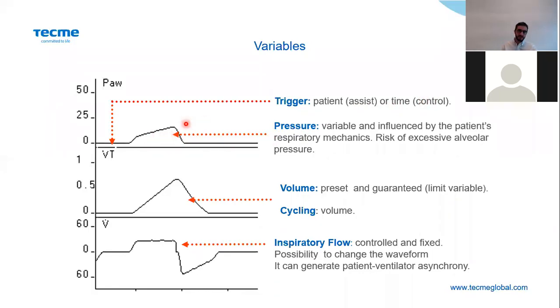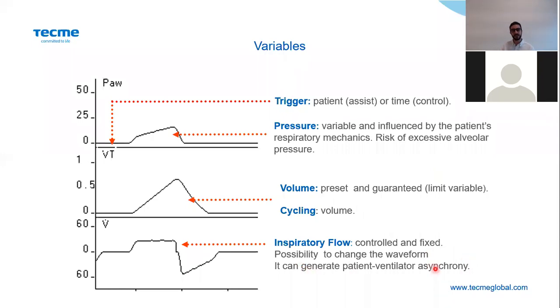Then the pressure. If we are in a volume control, the pressure is variable and influenced by the patient's respiratory mechanics. So what does it mean? The pressure value will depend on the compliance and the resistance. In this case, the volume is preset and guaranteed, and the inspiratory flow is controlled and fixed.